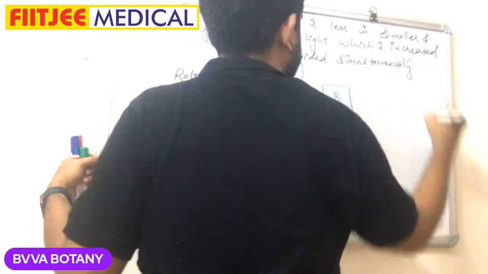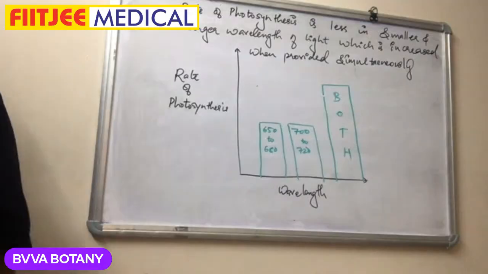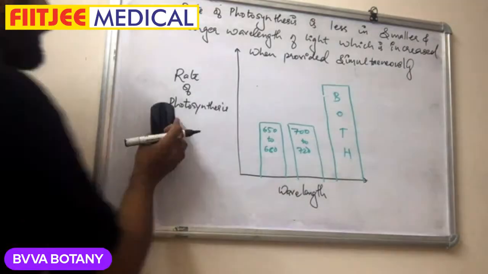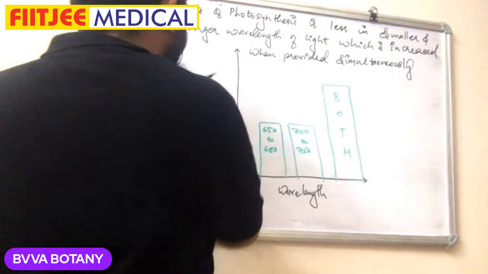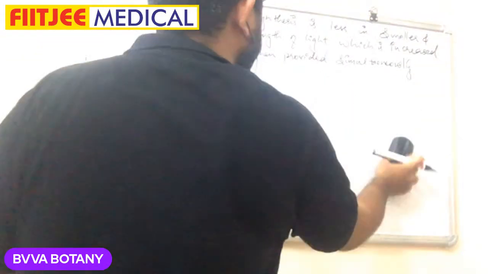So in this experiment he also concluded that plants have two photosystems. A photosystem is nothing but an association of pigments.